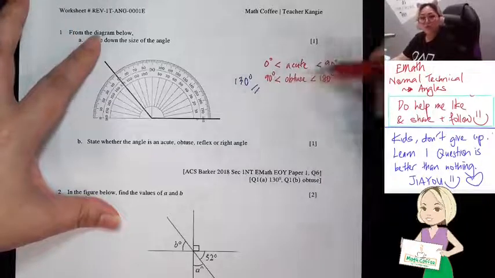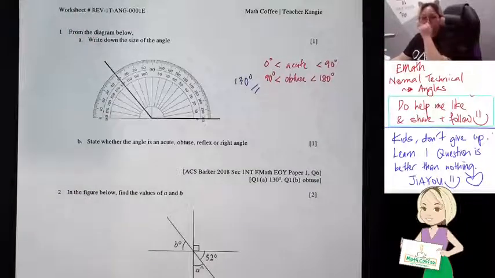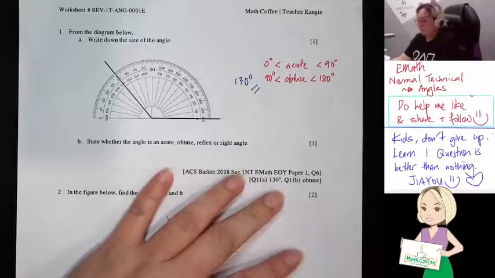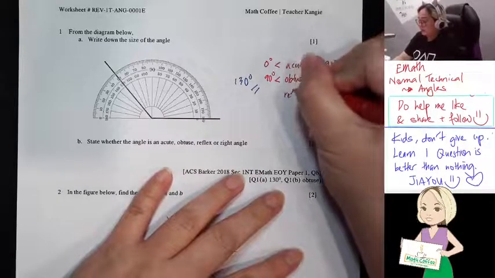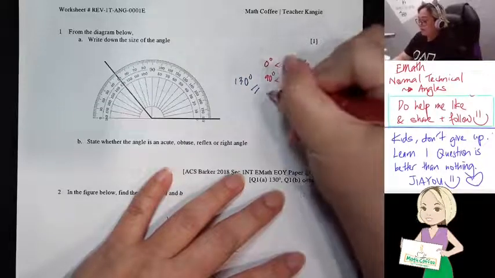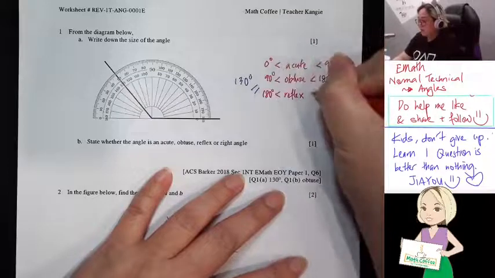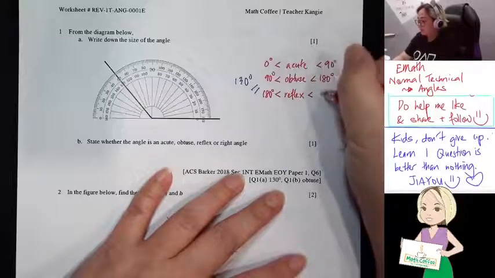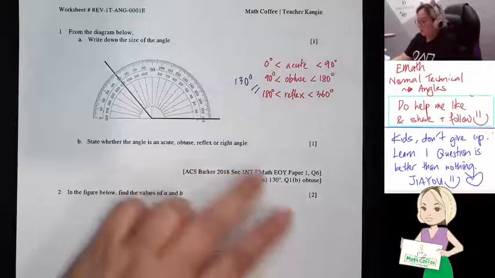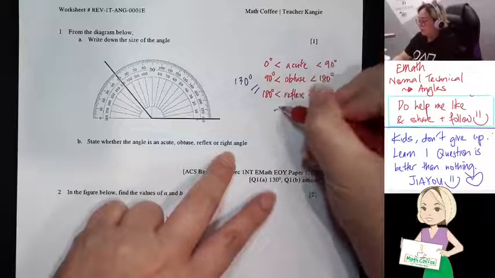Okay, 0 to 90 degrees is called acute. Obtuse is more than 90 and less than 180. Reflex is more than 180 and less than 360. And of course, right angle, we all know, is 90 degrees.